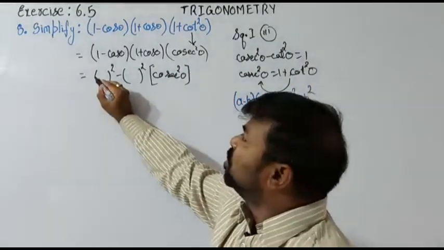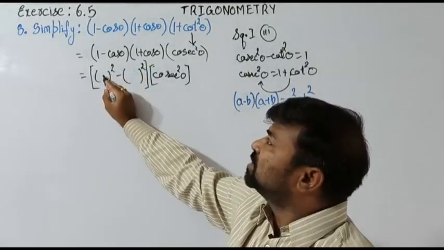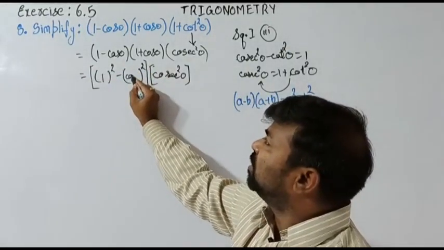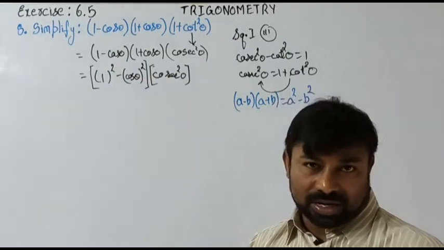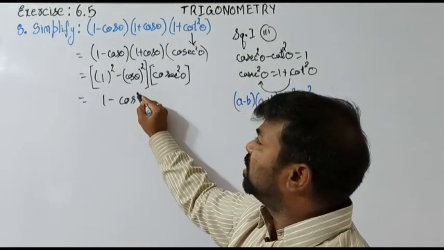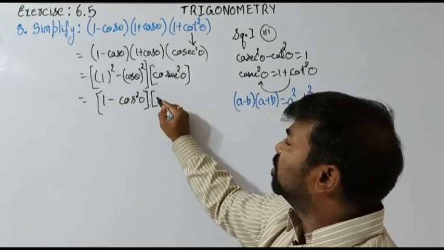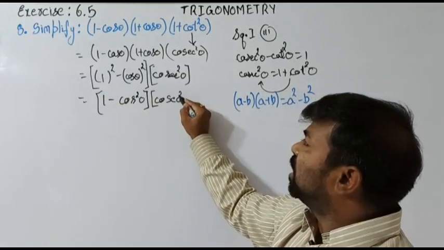Here a is nothing but 1 and b is cos theta. Now it is looking like 1 minus cos square theta into cosecant square theta.